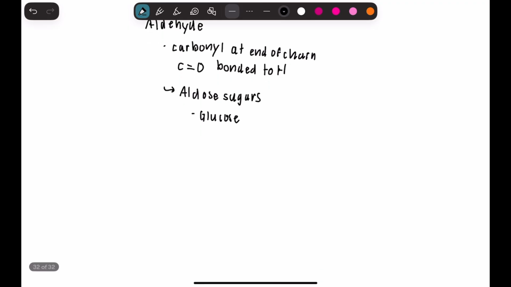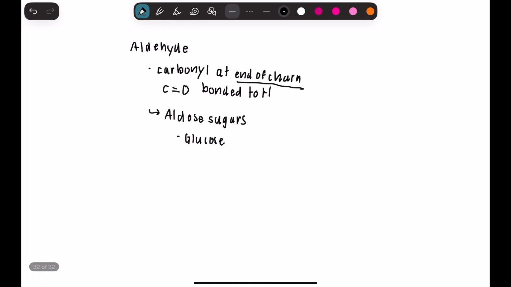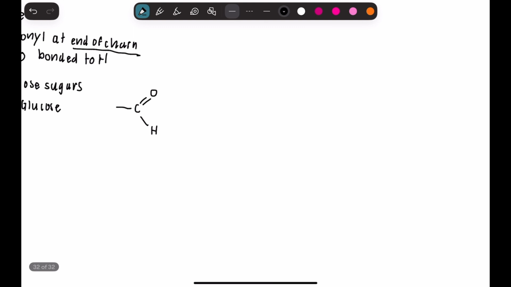So remember, if it's at the end of the chain, it's an aldehyde sugar. You can think of RCOH, where R equals H, alkyl, or aryl.